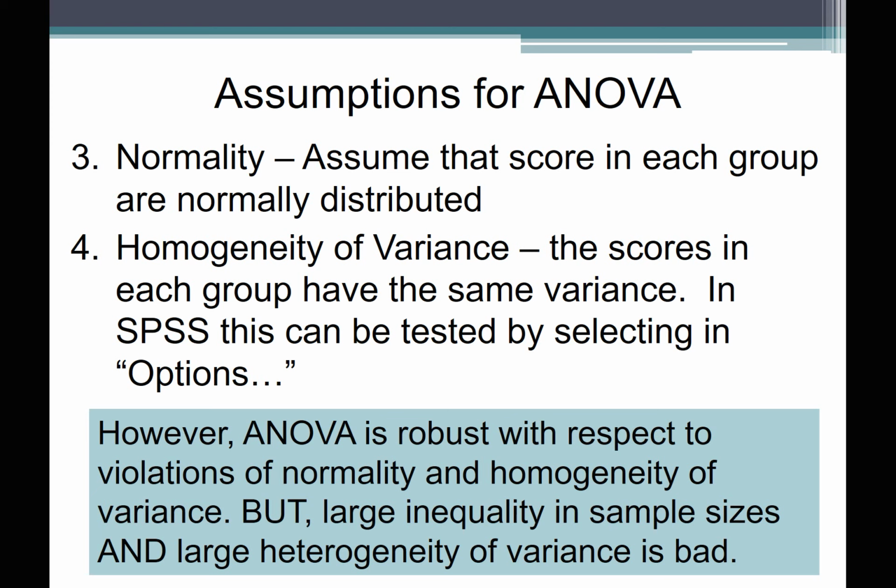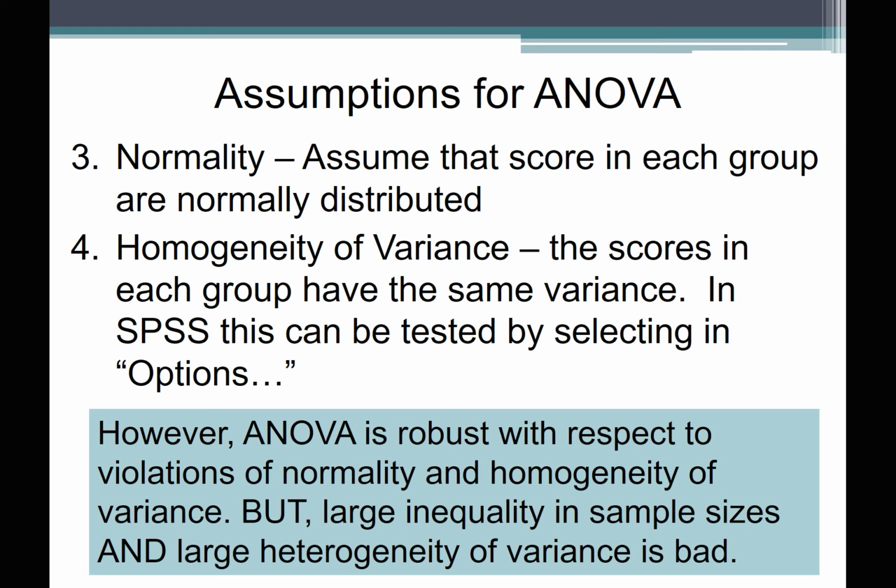It is important to note that ANOVA is pretty robust with respect to violations of normality and homogeneity of variance. What that means is ANOVA still works pretty well even when we have issues with normality and homogeneity of variance.